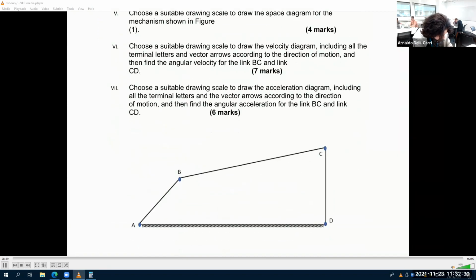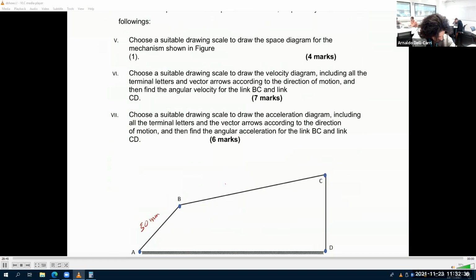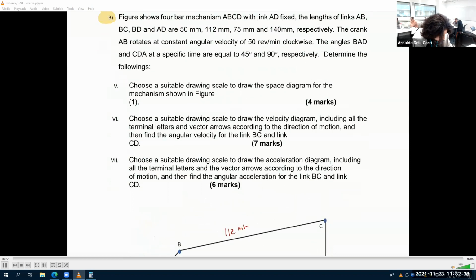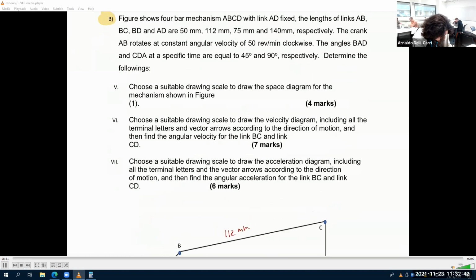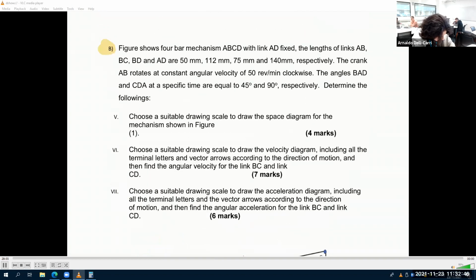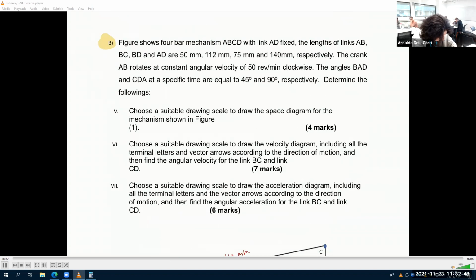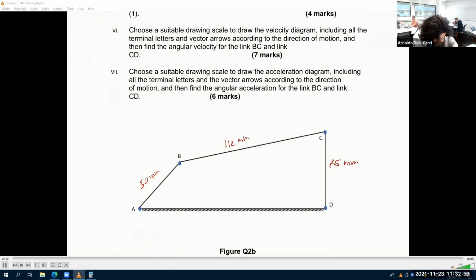BC is 112. CD is 75. And AD, the longest one, is 140.